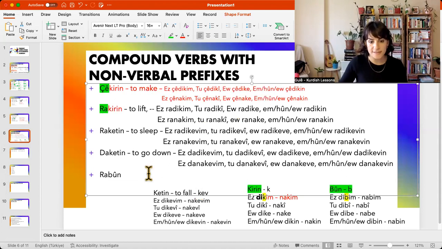And the last verb is rabun. Here we have bun as the main verb, and ra is the prefix. So rabun is to get up.